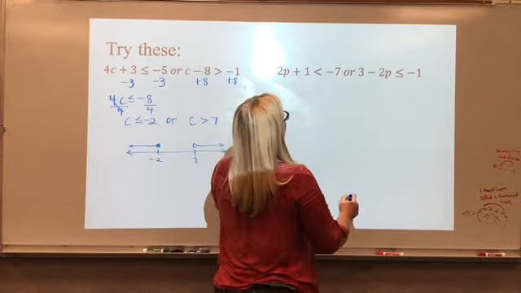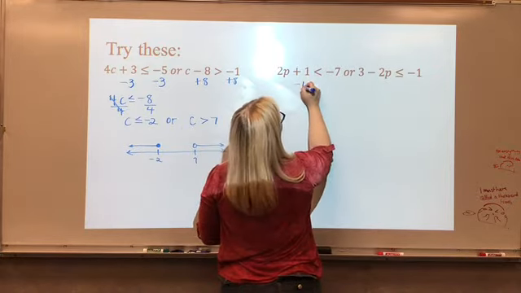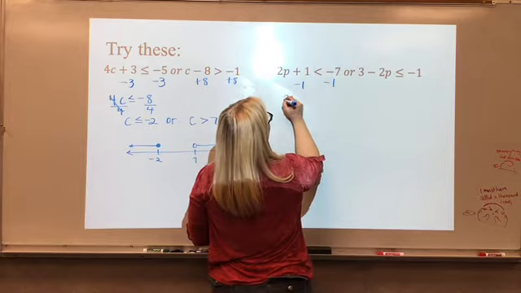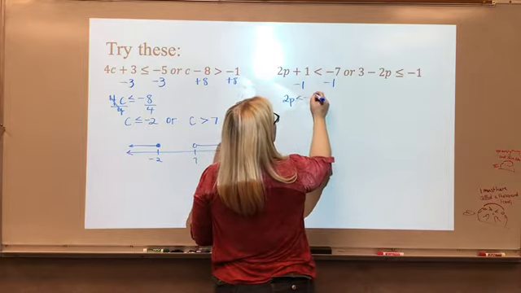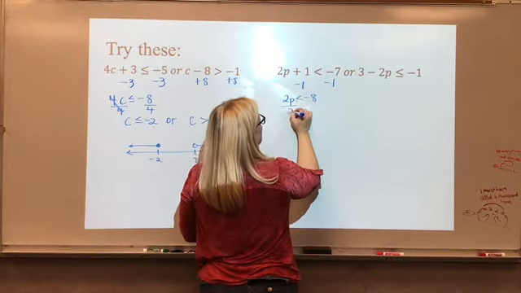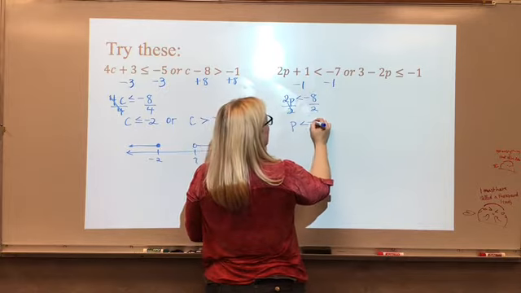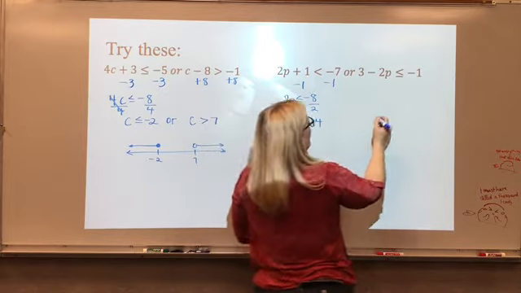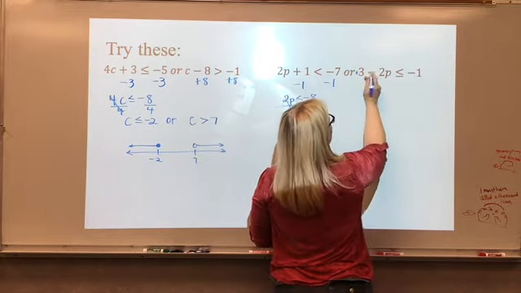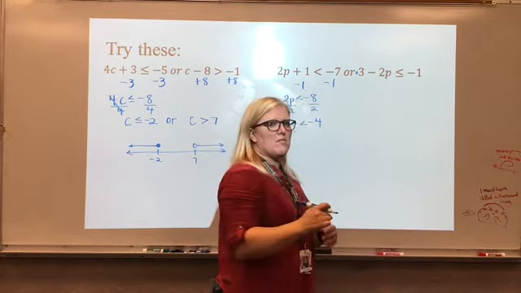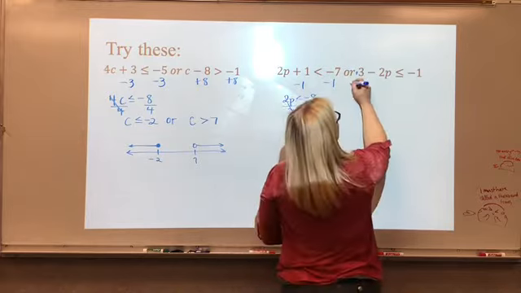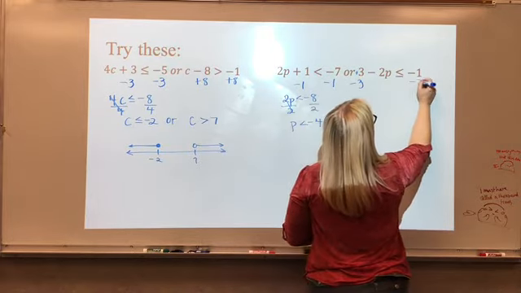All right, over here, I'm going to subtract 1 from both sides. I have 2p is less than negative 8, divide by 2, and I have p is less than negative 4. Over here, this is a positive 3. If there's nothing in front of it, remember that it's positive. I'm going to subtract 3 from both sides.